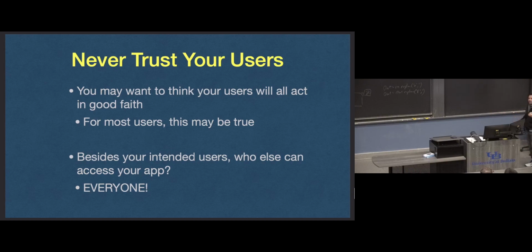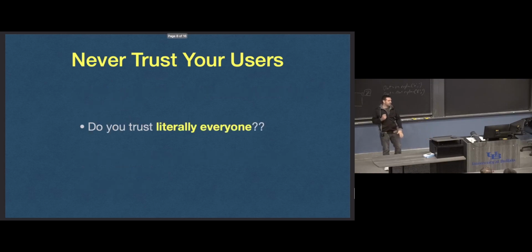As long as you have an internet connection and an internet-connected device, you can access that web page, which is everyone. So, okay, maybe you do actually trust your users, but do you trust literally everyone? Even someone without an internet connection could borrow one, could travel to the local town that has an internet connection. Do you trust literally everyone on the planet?